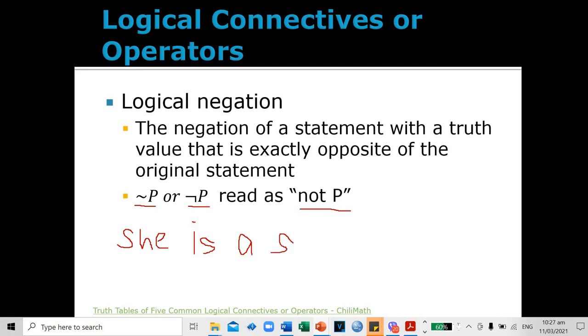This is our P. So if our P is she is a student, how are we going to write our negation? We just simply write she is not a student, right? So that makes the statement opposite of the original.